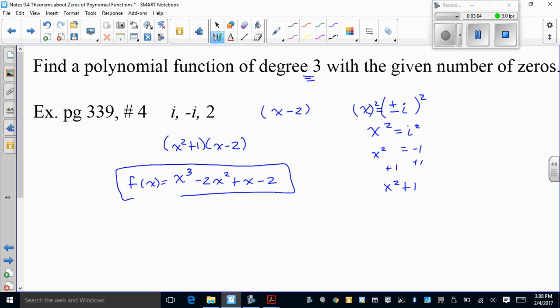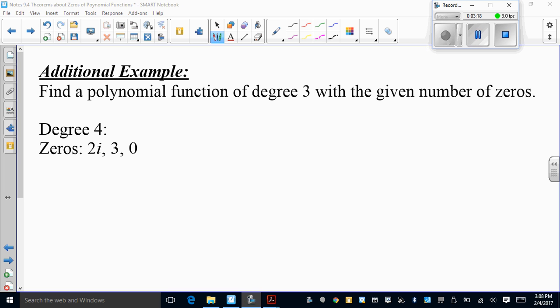Okay. Now the only way they can truly make this one more difficult is by giving you something with a plus or minus on it. Now we will do an example of that. Okay, this time they want degree 4, and the zeros are 2i, 3, and 0. Notice that the directions are bad.